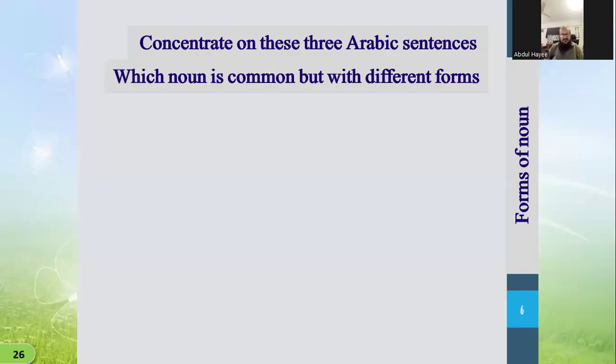Concentrate on these three Arabic sentences in which one noun is common but with different forms. I am giving you a very good example. Akala Mahmudun Ta'am. Who is the fa'il? Mahmud, because it has a dhamma, it's in the rough state, it's marfu. Who is getting the effect of eating?